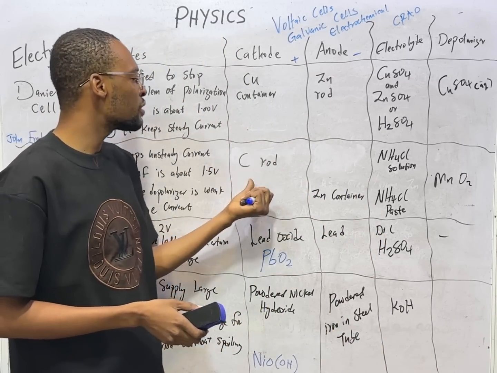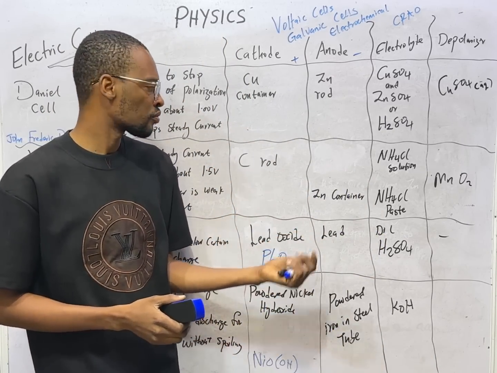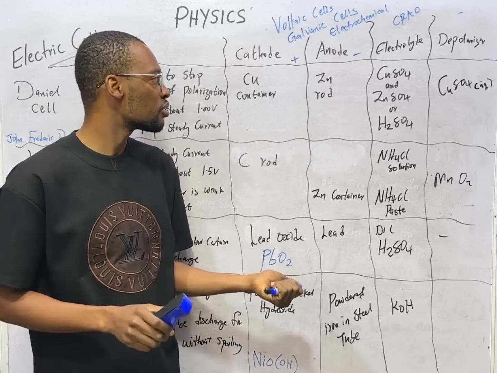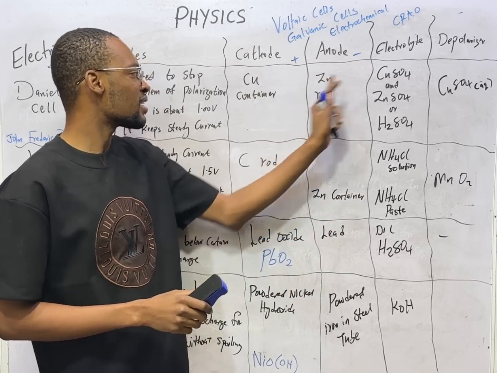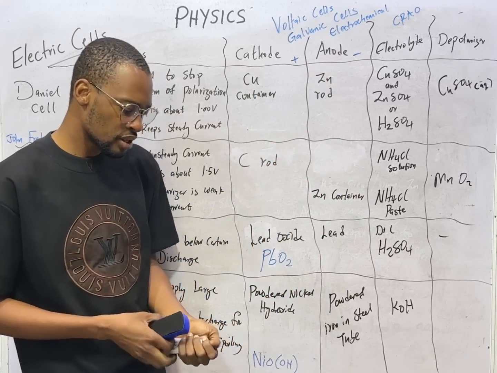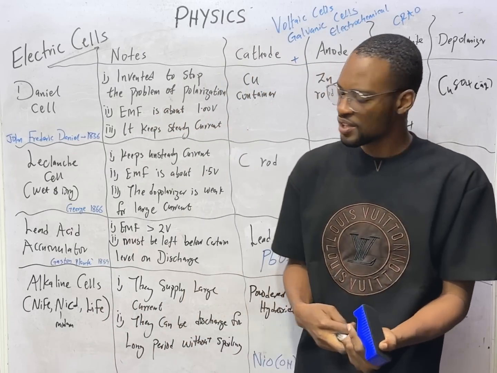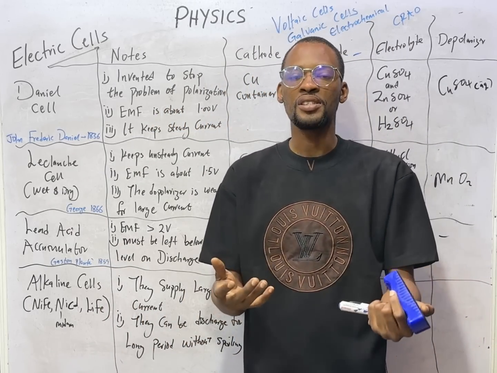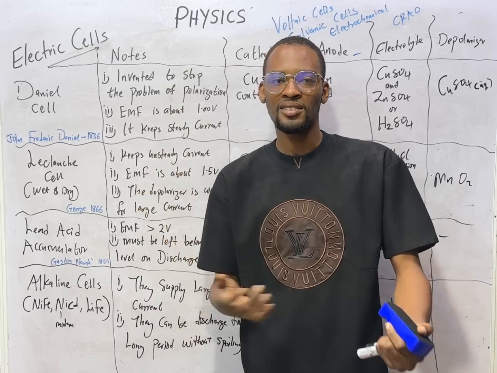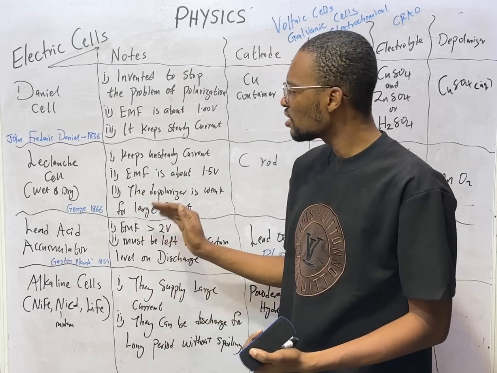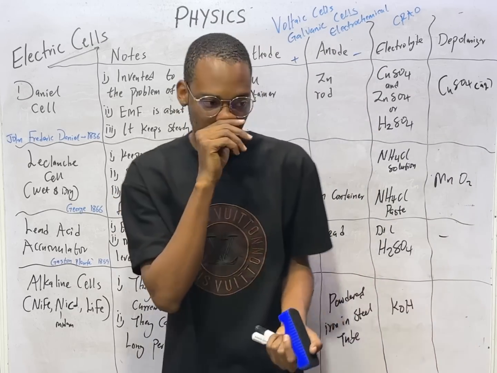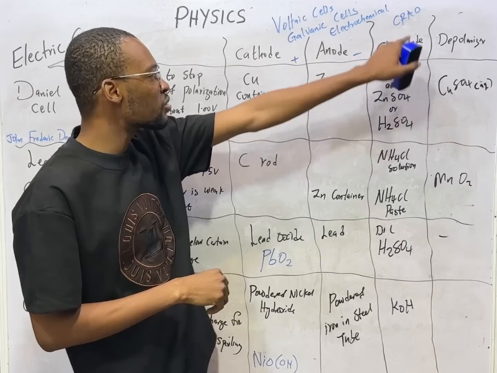The cathode is basically carbon rod. The anode is zinc rod. Carbon and zinc, copper and zinc, carbon and zinc. The only area we have differences between the wet and dry Leclanché cell is in the electrolyte used.